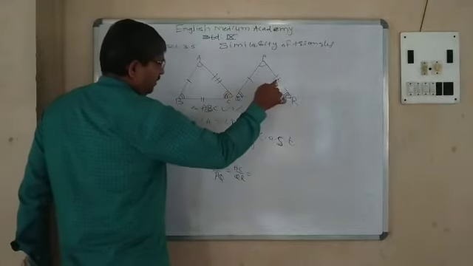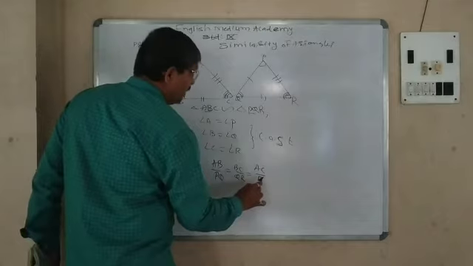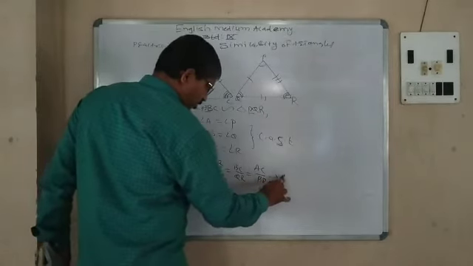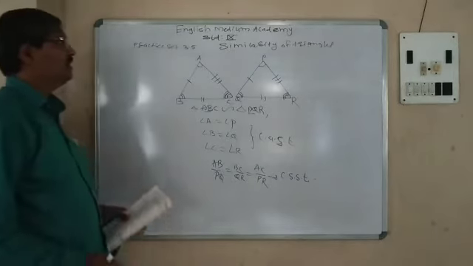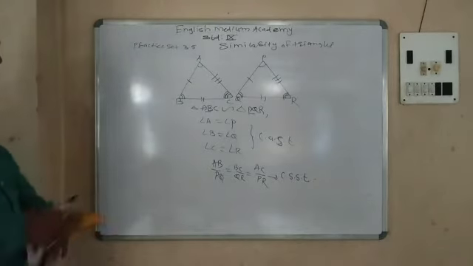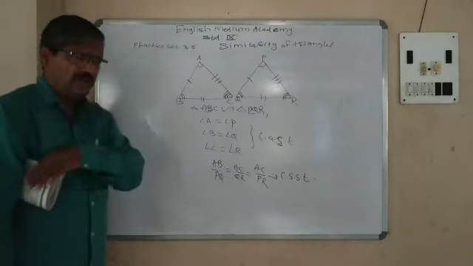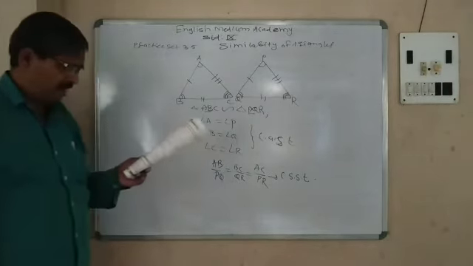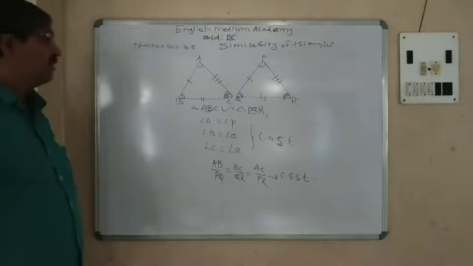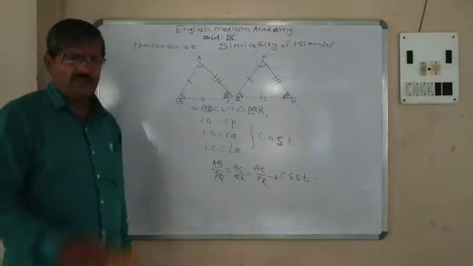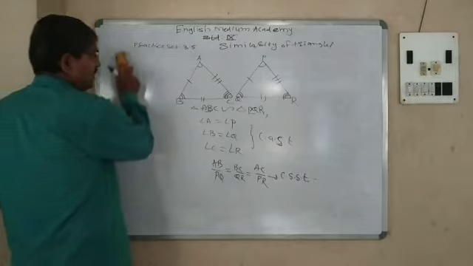This is the third pair, AC upon PR. You should write corresponding sides of similar triangles. Understand? By this way, these two triangles are similar and how their pairs correspond to each other, that I have written. Now this exercise is completed. I want to take some theorems, so please be ready to understand the theorems.